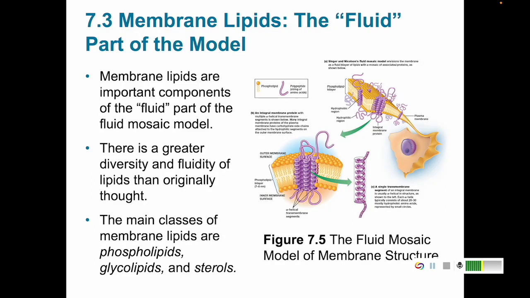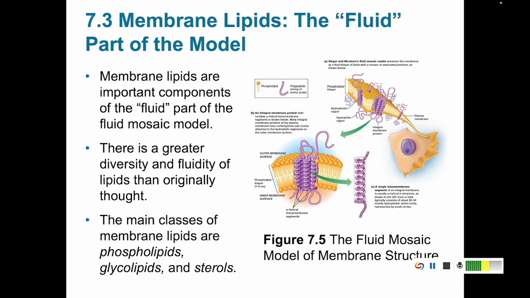Welcome back, everyone. So we just introduced the different roles of membranes in general. We discussed the historical development of different research findings that led to the fluid mosaic model. And now we're really going to zoom in on what the lipids are doing, that fluid part of the membrane.